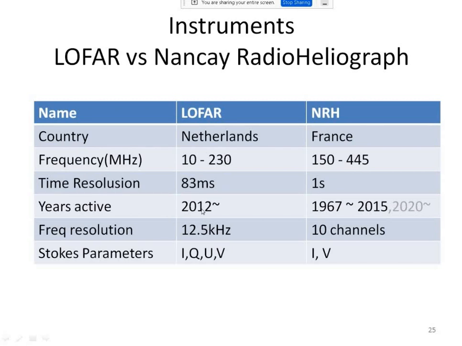LOFAR was built in 2012, which is very recent. For frequency resolution, LOFAR can provide 12.5 kHz, while NRH can only observe 10 separate frequency channels, so its resolution is tens of megahertz, which is very poor compared to LOFAR. LOFAR can observe Stokes I, Q, U, V simultaneously, while NRH only observes Stokes I and Stokes V.